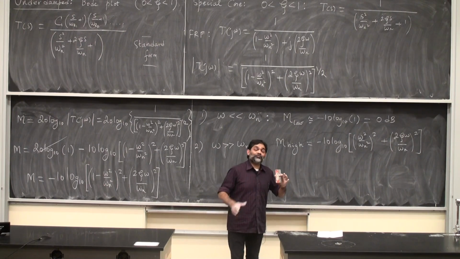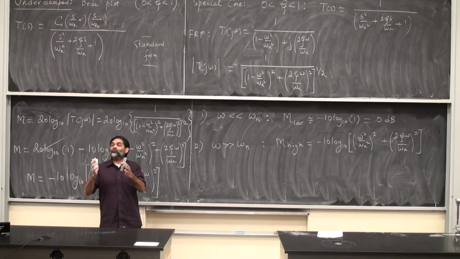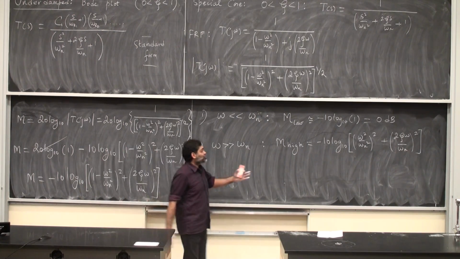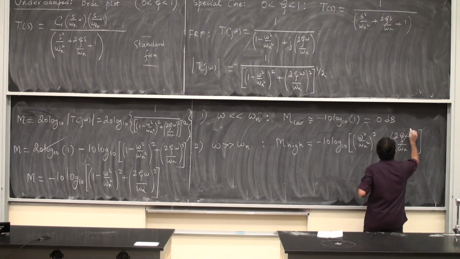But if I look at the first term and if I get rid of all the squares, it becomes a 4th power. So I'm going to have omega by omega n to the power 4, which is obviously going to be much larger than the square term here. So I can neglect this guy.